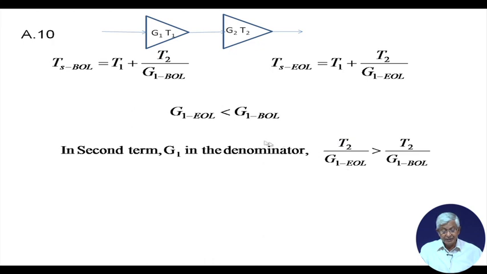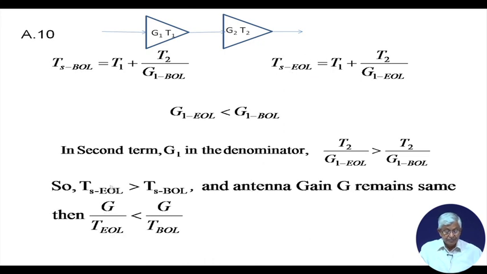So, the system noise temperature at end of life will be more than the system noise temperature at beginning of life, and all other factors, antenna gain and noise temperature, remain the same. So, G by T, that is antenna gain G by system noise temperature at end of life, since the EOL temperature is larger, will be smaller than G by T at the beginning of life. That is option C, the correct option.